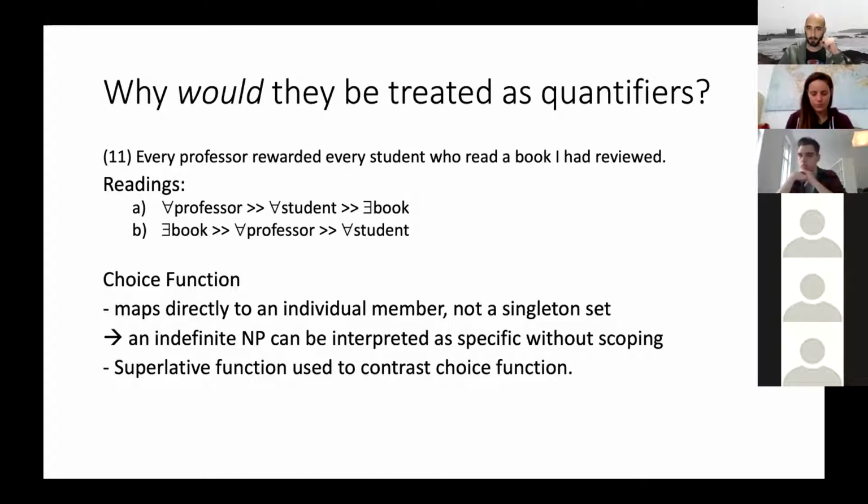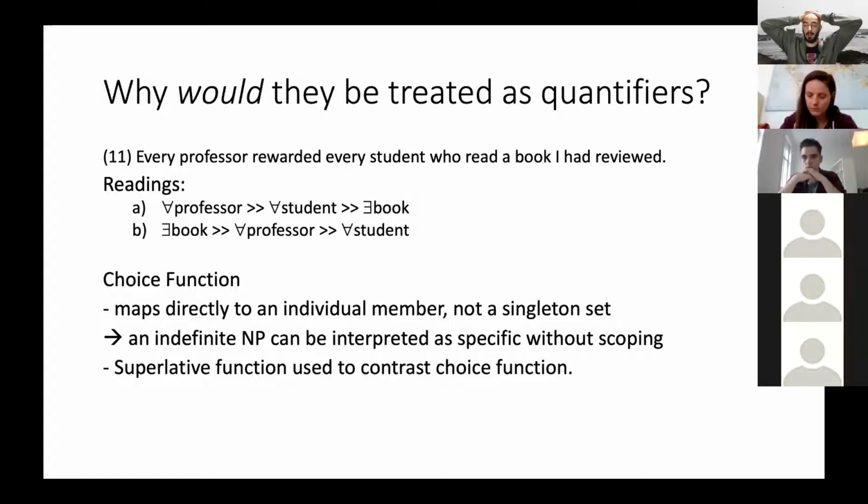So based on that, because it picks out an individual, we can I guess get the specific meaning or reading of the indefinite that it refers to, without having to reference the whole syntactical scope. Right. Does that make sense? Yes. Okay. I think it makes a lot of sense. Right.